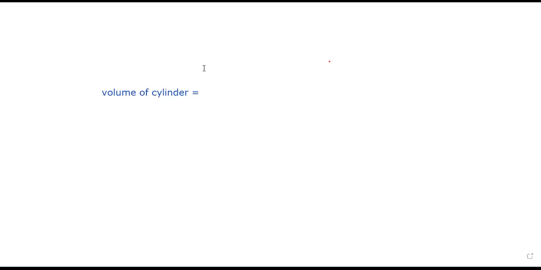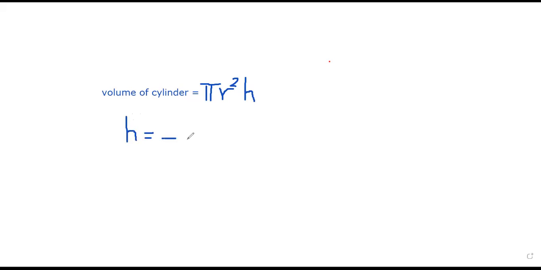Volume of cylinder equals what? Pi times r squared, yes, times height. In case they give you the diameter, then you have to divide it by 2 to find the radius. After that, if you want to find the height, what about if you want to find the height? It will be what?